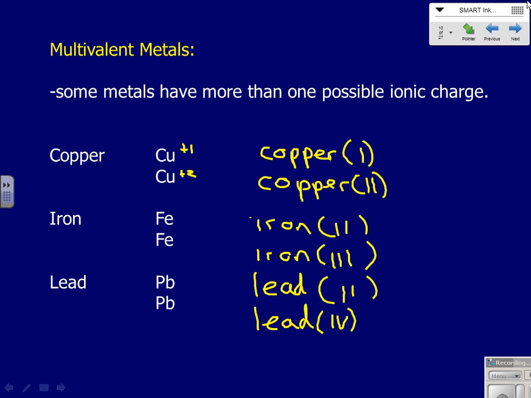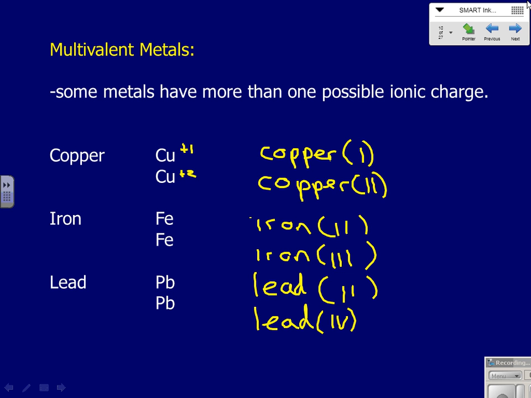All right? Okay? Now, I'm not going to teach you there's another way to name these. It's called the classical method. The method we're using is relatively new, probably since about 1930. Before that, they used Latin to describe these things, and they used endings that would indicate whether you use the high charge or the low charge.